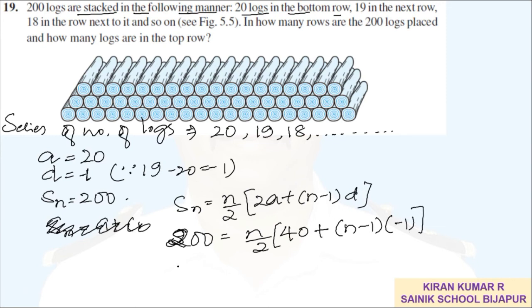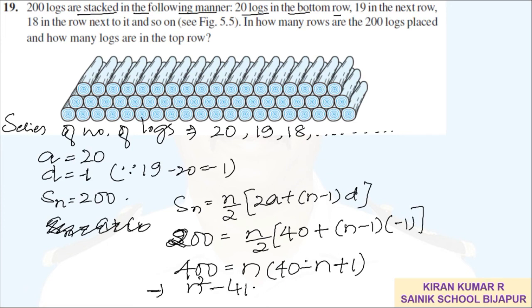Further simplify, we will cross multiply, it becomes 400 equal to n times of 40 minus n plus 1. We get an equation n square, which is negative, and transpose becomes positive. n square minus 41n plus 400 equal to 0.